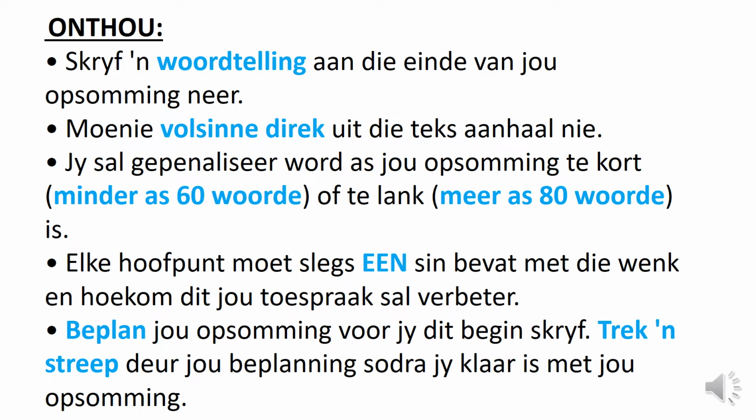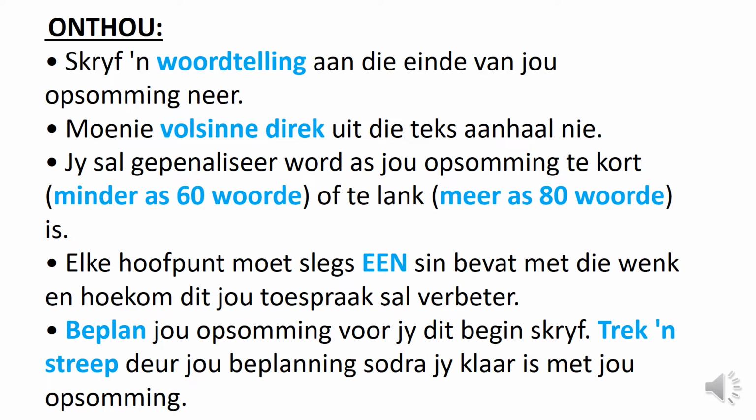If you don't draw a line through your summary, and that's something so silly, it's literally taking a ruler, drawing a line through your summary. It's not a difficult thing to do, but that line can cost you 1 mark. Once again, we cannot afford to lose marks.